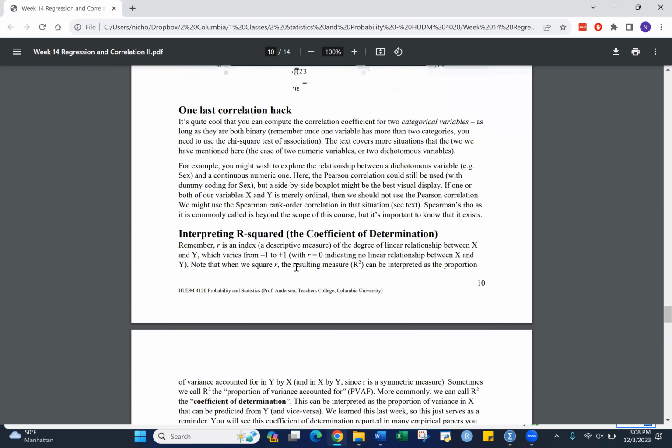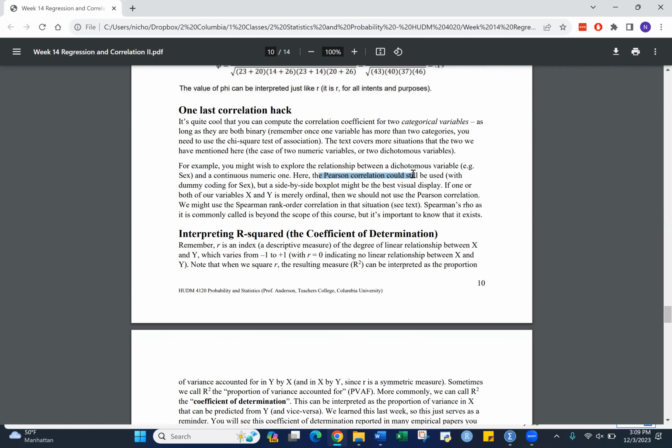Now, what if you have one numeric variable and one categorical variable that is binary? It turns out that if you have one dichotomous variable and one numeric variable, you can still use this correlation statistic to get that bivariate association.